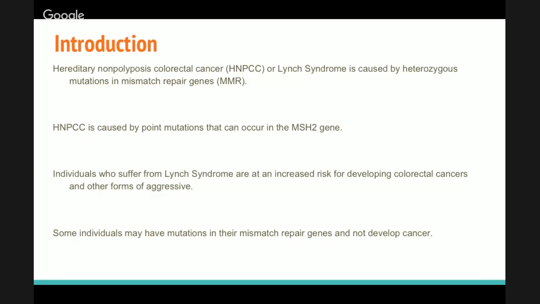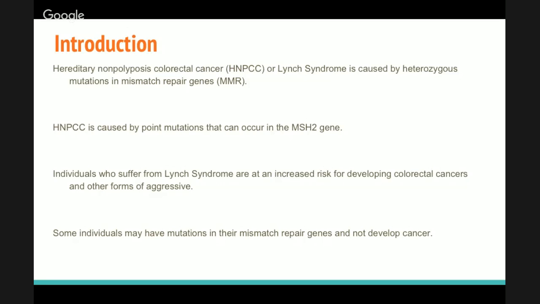Individuals who suffer from HNPCC are at increased risk of colorectal cancers and other aggressive forms of cancer such as uterine cancer, ovarian cancer, liver cancer, or kidney cancer. Some individuals may have mutations in a mismatch repair gene, but they will not develop cancer.